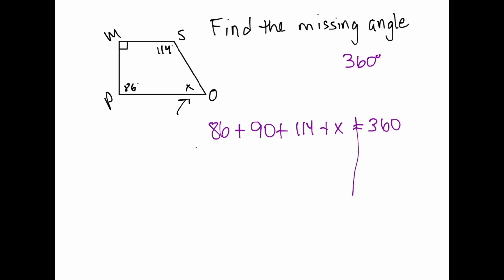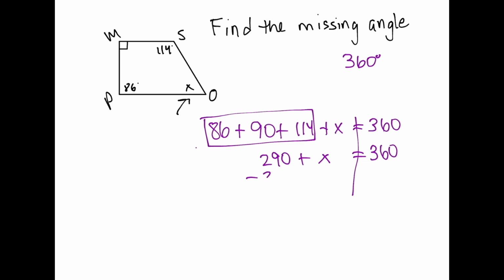Now we have an equation we can solve. We need to first add 86, 90, and 114. When we add those, we get 290. We can rewrite the rest of the equation, and now all we have to do is to get x by itself. We do that by subtracting 290 from both sides. That leaves us with x on the left-hand side, and then 360 minus 290 gets us 70. So x must be 70 degrees.